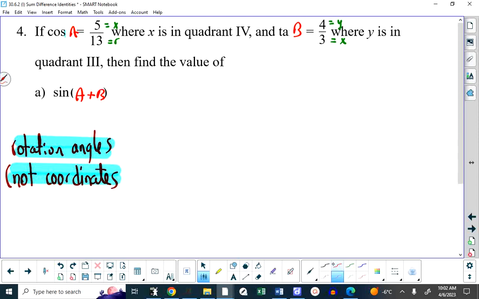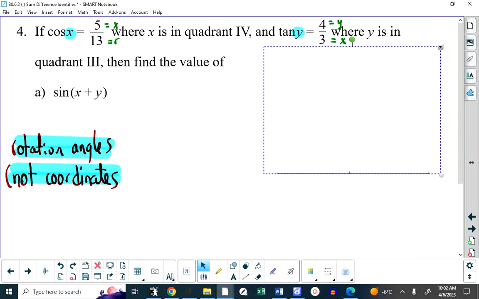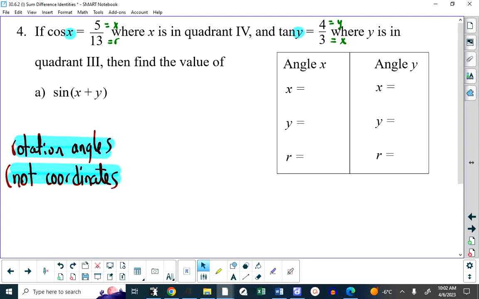Do you catch my meaning here? I'm going to keep the x's and y's though. And I thought I had set this up, there we go, so that this was printed, but it's not printed on your handout, is it?